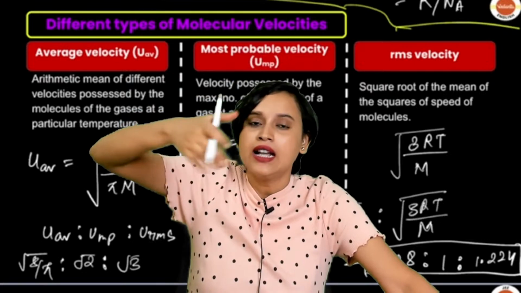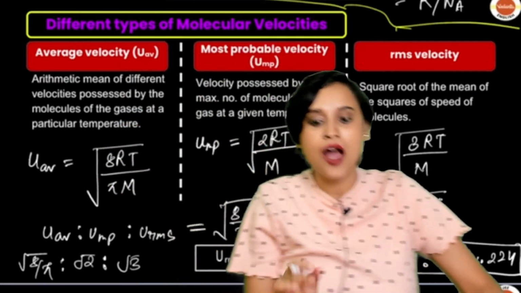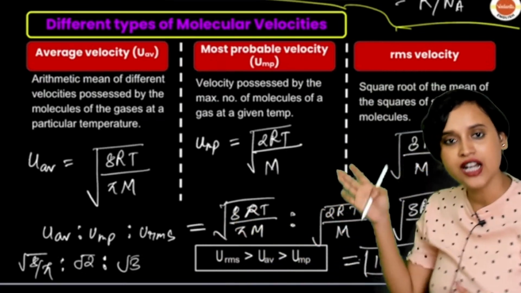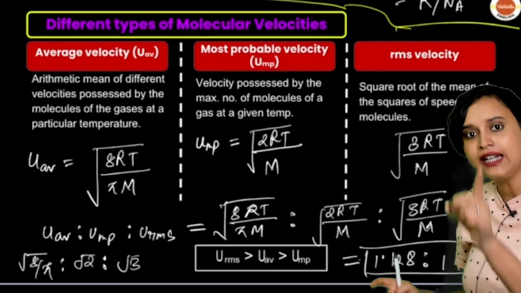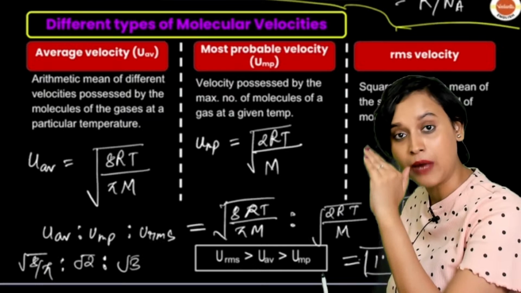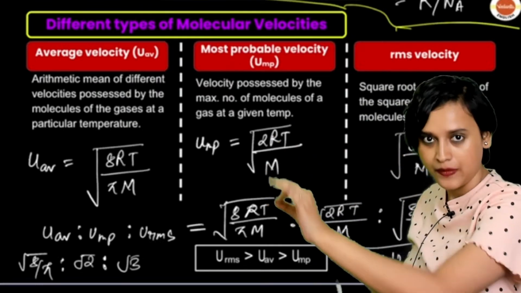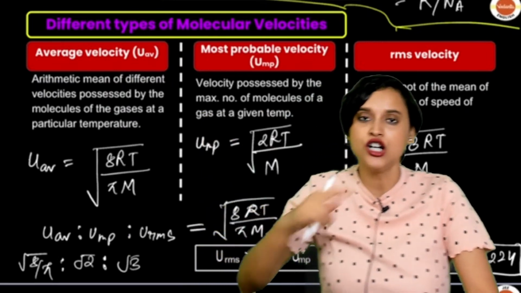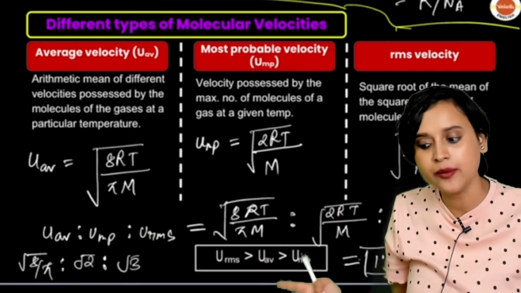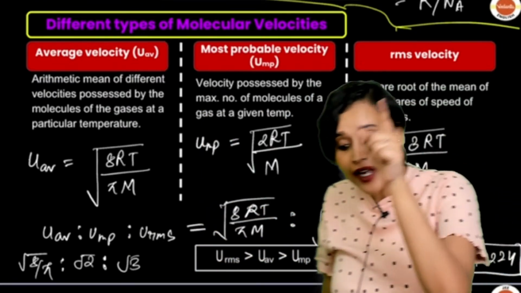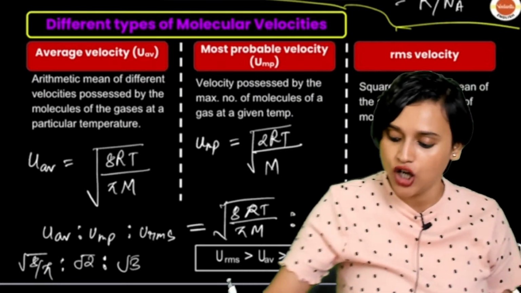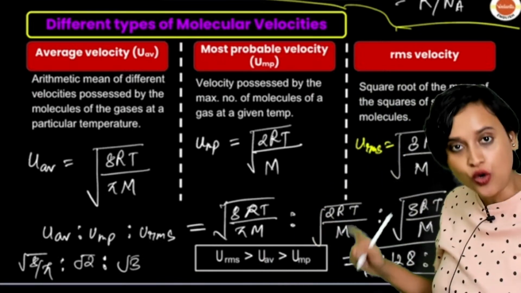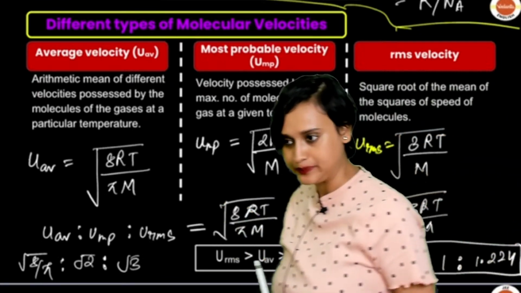Then what we did was, now I have told you certain values. Average velocity is equal to root over 8 RT divided by pi m. Most probable velocity is root over 2 RT by m. And RMS velocity, U RMS, is equal to root over 3 RT by m.